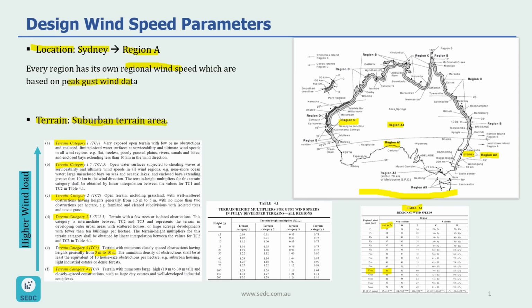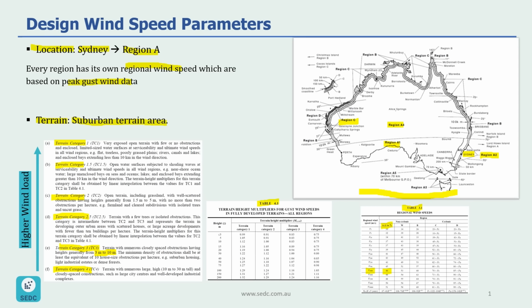So now that I know my terrain category, I can look at table 4.1. And based on different heights and different terrain categories, we can get another factor which is called M z,cat, which is the height or terrain multiplier to calculate our design wind pressure.